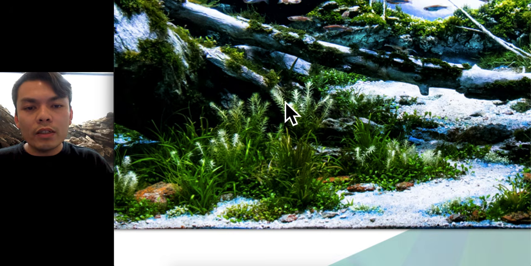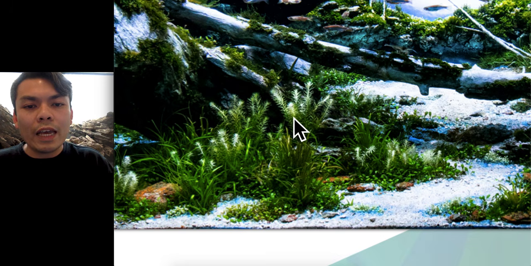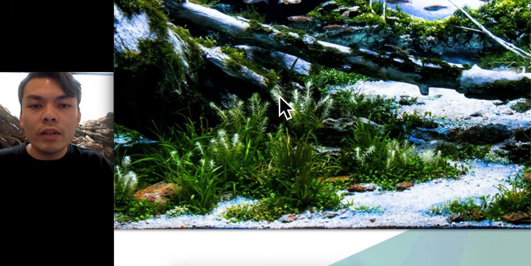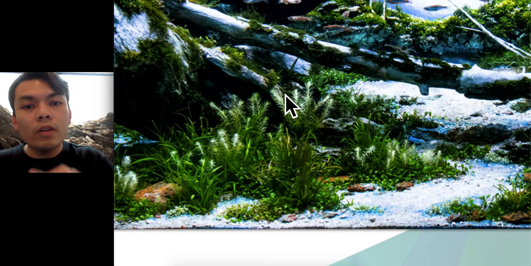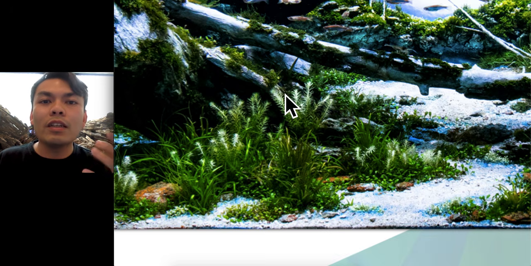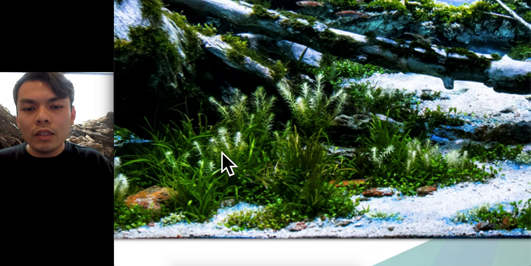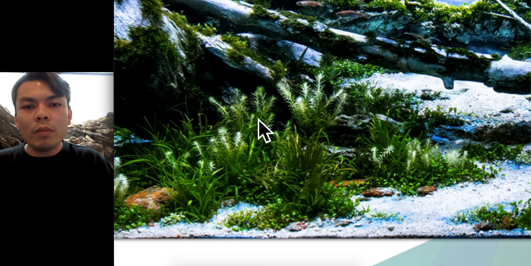So what you'll find is some of the plants have a little bit of yellow, some have a little bit of white, and that also shows a little bit of texture and age in the way plants grow naturally across different seasons as well. Sometimes plants aren't in their most healthy condition, and sometimes plants out in nature transform, and so that's especially expressed in this section of his aquascape here.